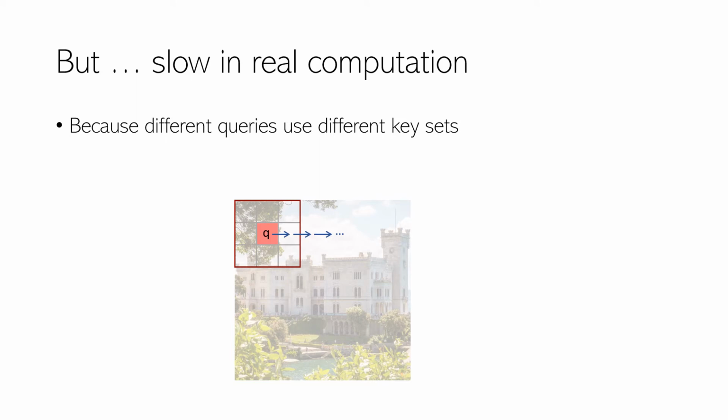However, though theoretically the same efficient as ResNet, it's much slower in real usage. A main reason is that different queries use different key sets, which is unfriendly to memory access. Please see this illustration. For the center point Q, we use all pixels inside this red window as keys.